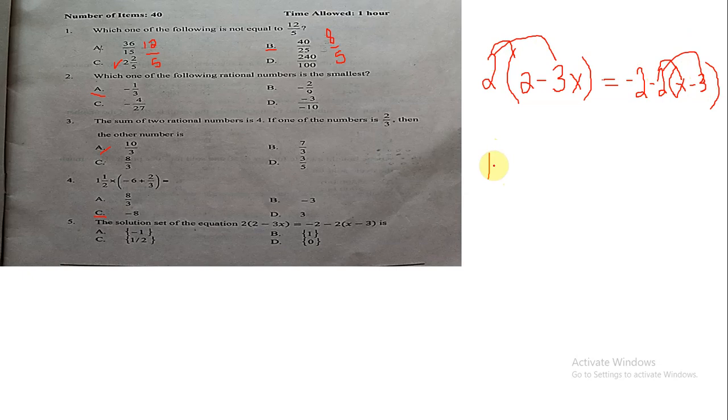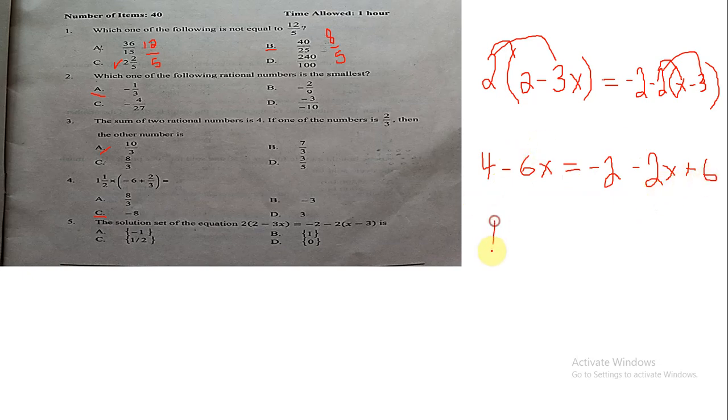That means here it will be 4 minus 6x is equal to -2, and here -2x plus 6. 4 minus 6x is equal to -2 and -2x plus 6.